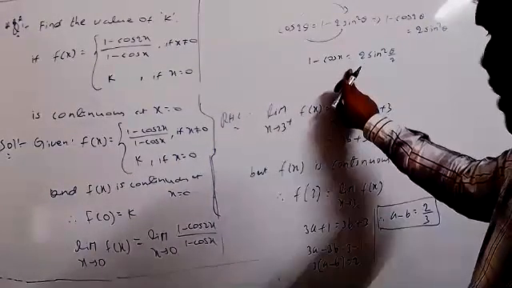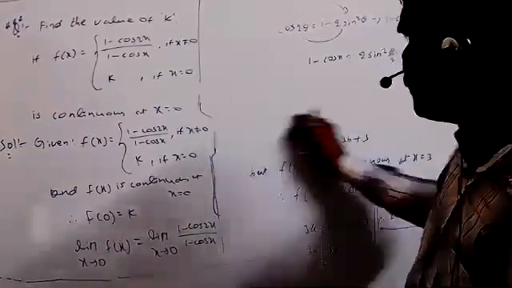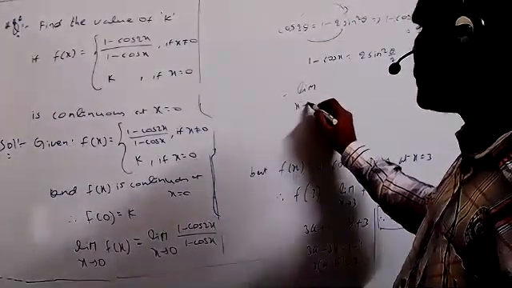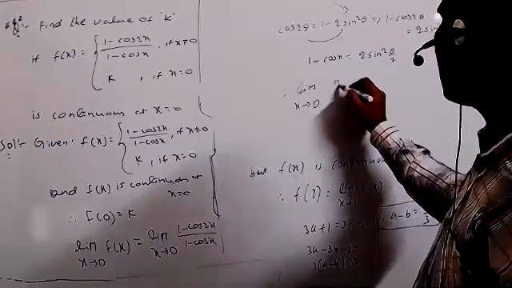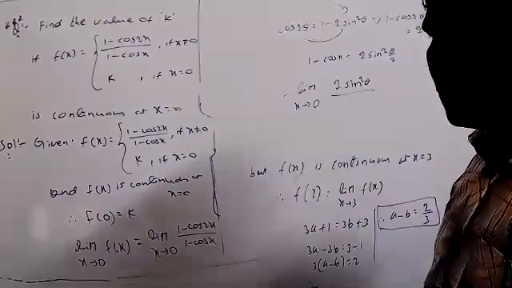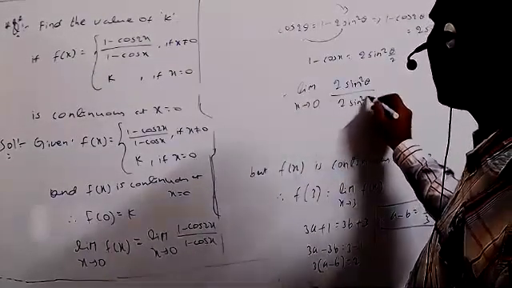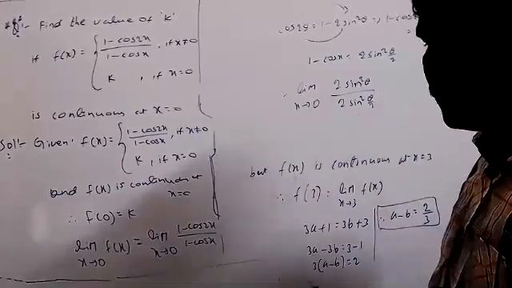Now substitute these two values there. Limit x tends to 0, 1 minus cos 2x you can write as 2 sin square theta, whole by 1 minus cos x, which you can write as 2 sin square theta by 2.